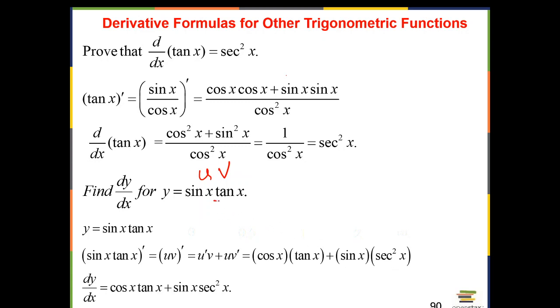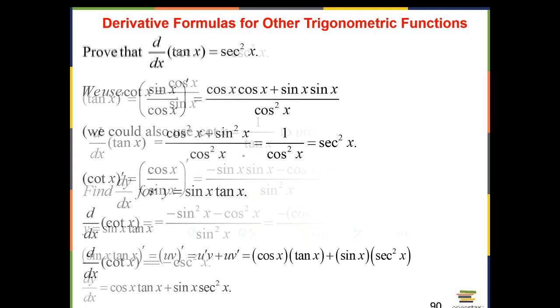Now v prime is the derivative of tangent, which is secant squared. And now you can maybe simplify it and write it in a different form. In trigonometry, usually if you write everything in terms of sine and cosine, you make it simpler. But for now, that's a good enough answer.